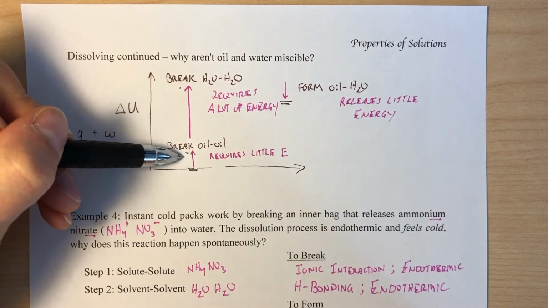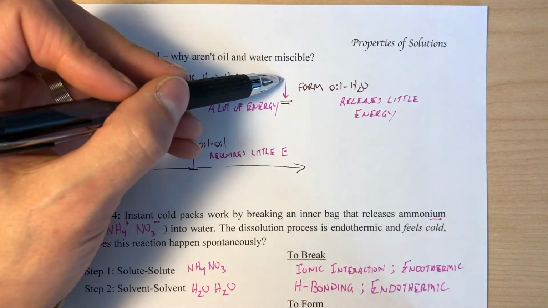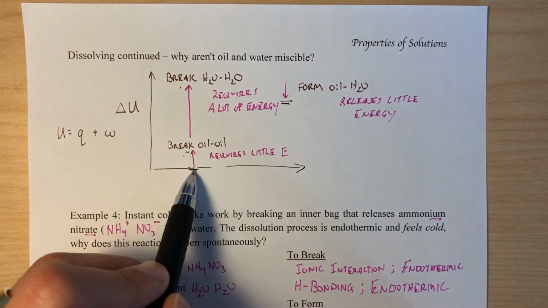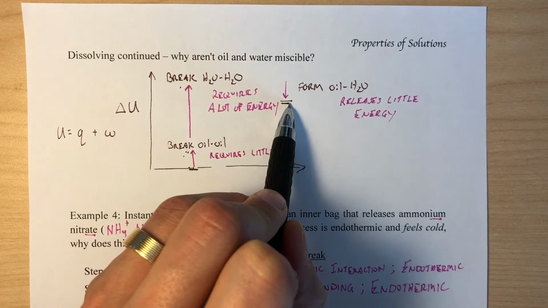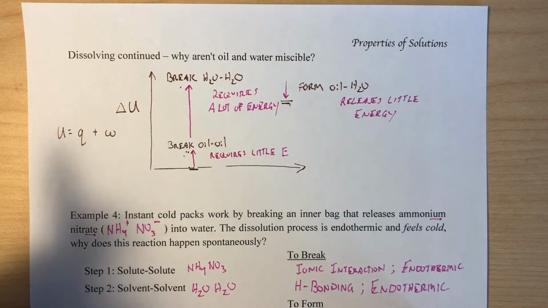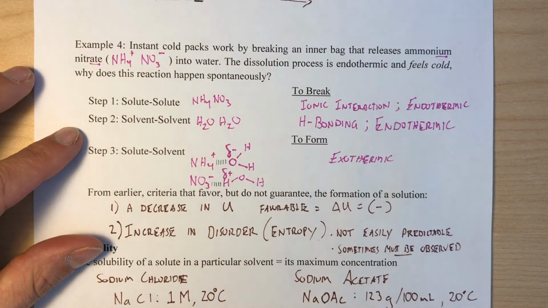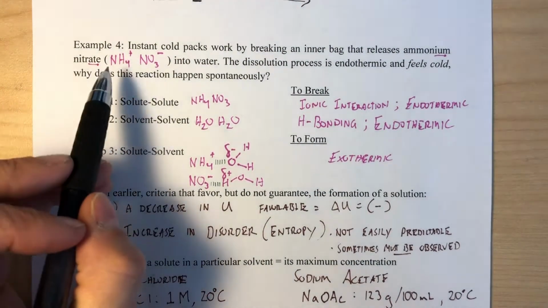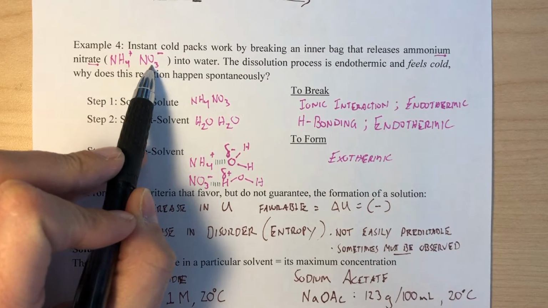So we have an endothermic process, increasing our internal energy, and then we release only a little bit. So overall, our internal energy goes up as this reaction goes forward, which is unfavorable, and that's why oil and water are not miscible.